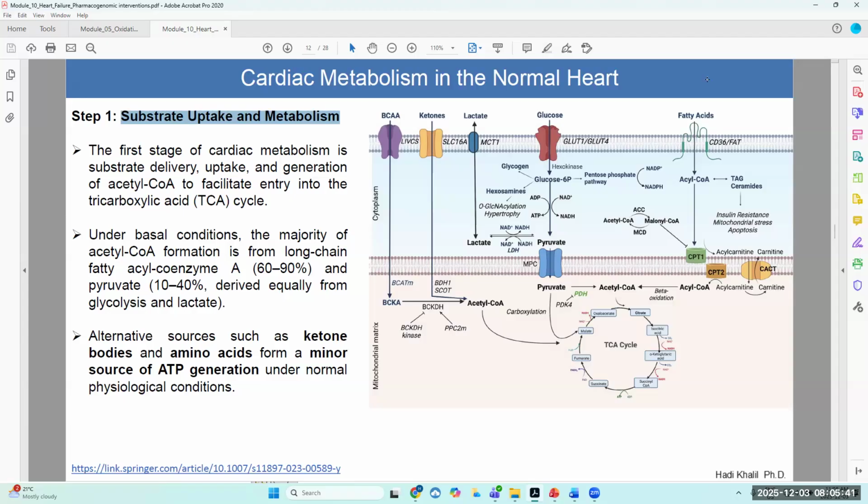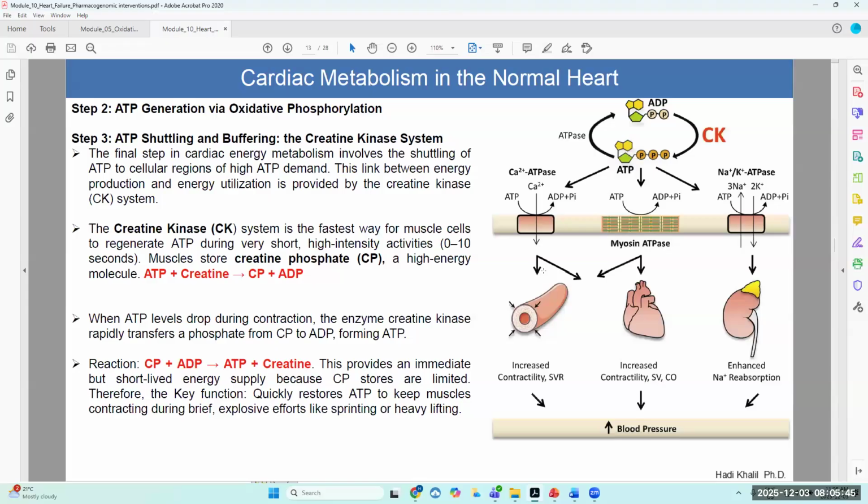So this is the first important thing you have to know. And then the other thing is it also has the creatine kinase system, which allows a rapid production of the ATP in the muscle. And that's something maybe this is the most important thing we discussed in the last class, right?